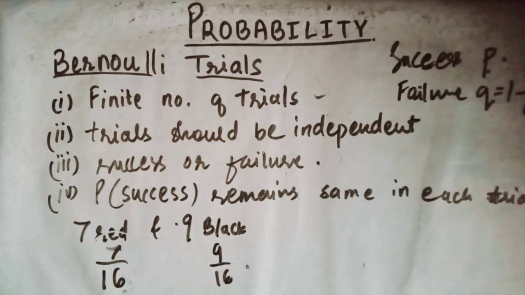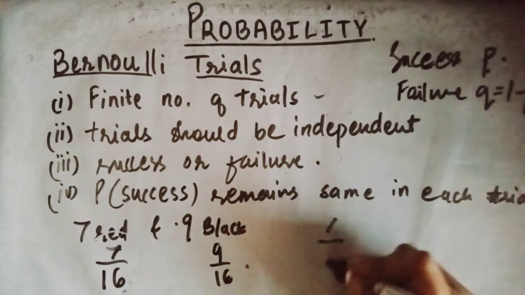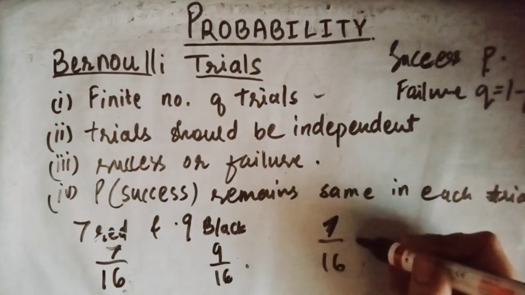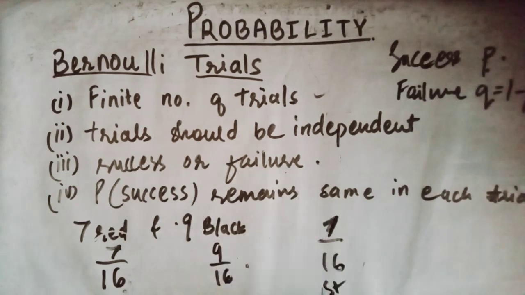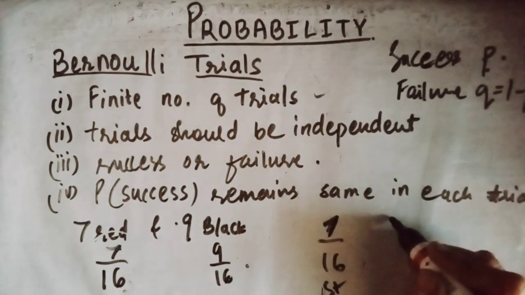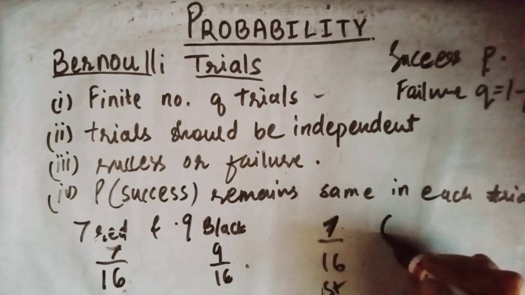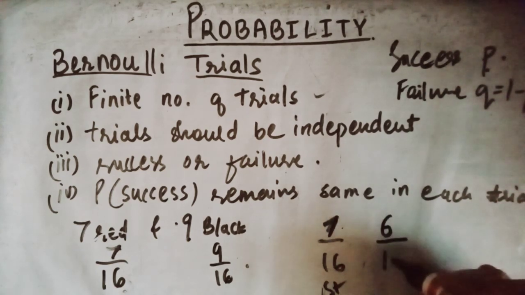So the probability of getting a red ball in the first trial will be 7 by 16. Now we are not replacing the ball. For the second trial, one ball is already drawn, so we have 6 possibilities out of 15.